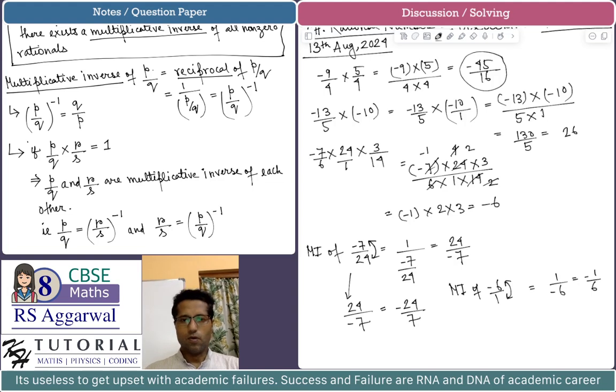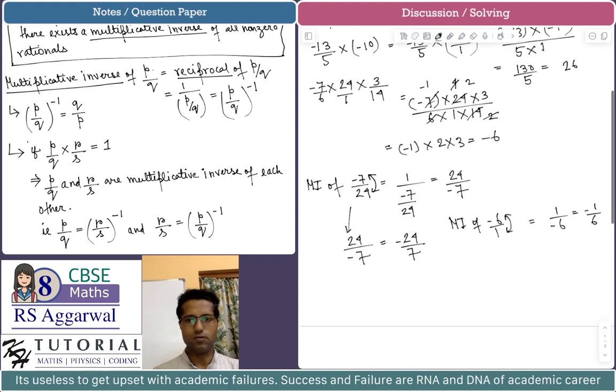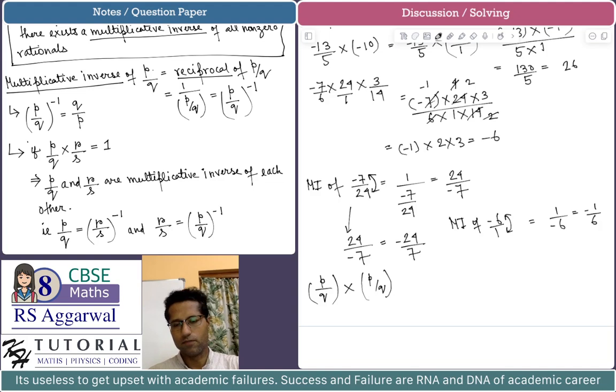Okay, so now you can obviously see that the product of any rational number and its multiplicative inverse, which the notation of a multiplicative inverse of a rational number p by q is written in the exponential form with the base as the rational number and the power of the exponent as minus 1, always results in 1.